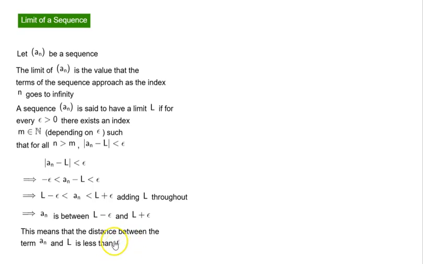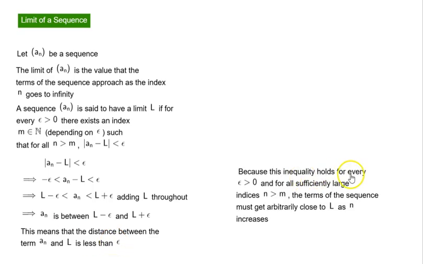And here remember, we choose epsilon depending on how close we want to get. Because this inequality holds for every epsilon greater than 0 and for all sufficiently large indices n greater than m, the terms of the sequence must get arbitrarily close to L as n increases.